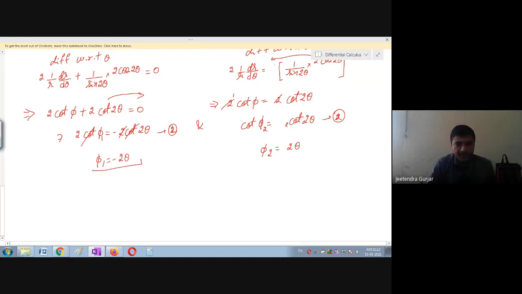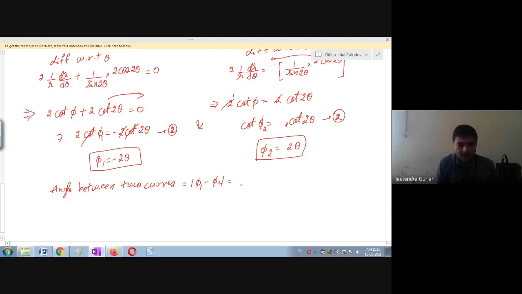We have calculated phi 1 and phi 2. Then the angle between two curves is given by modulus of phi 1 minus phi 2, which is modulus of minus 2 theta minus 2 theta, which equals modulus of minus 4 theta.